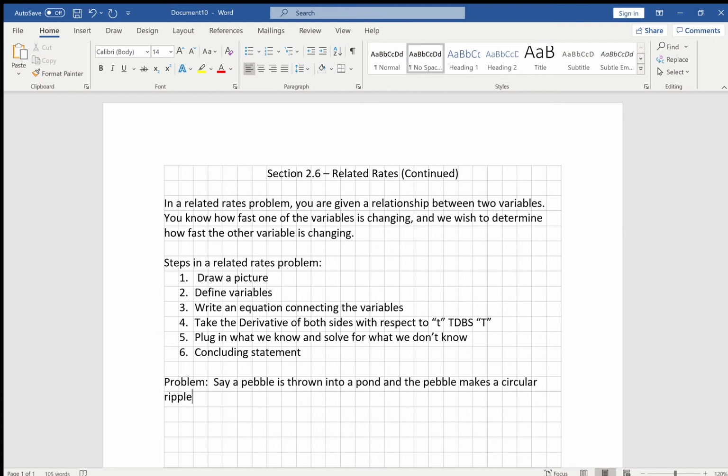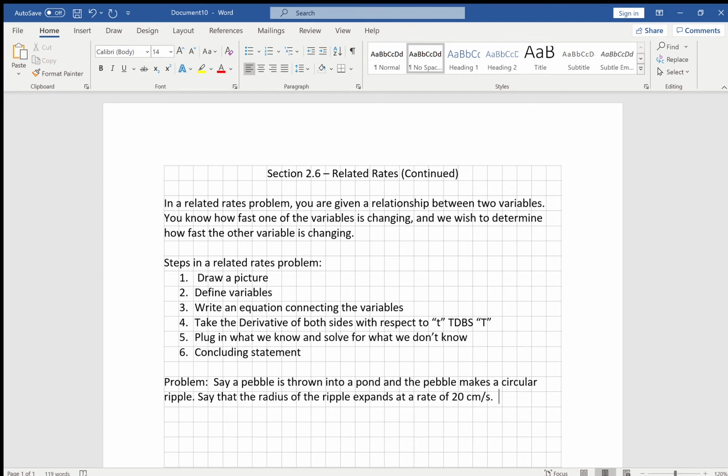Everybody's dropped a pebble in a pond and watched the ripple move outwards from the point where you drop the pebble. We are going to say that the radius of that circular ripple expands at a rate of, let's say, 20 centimeters per second.